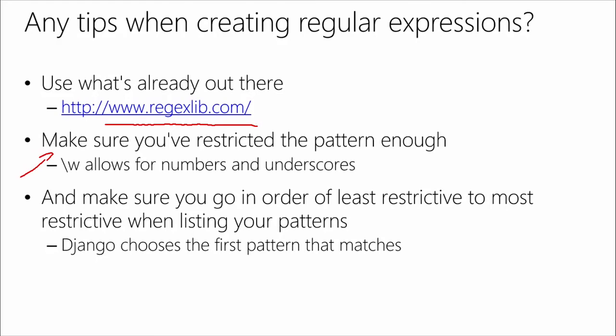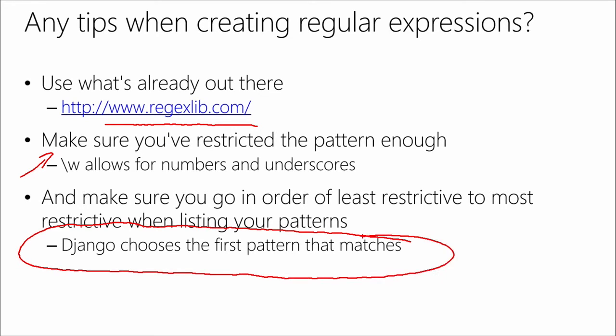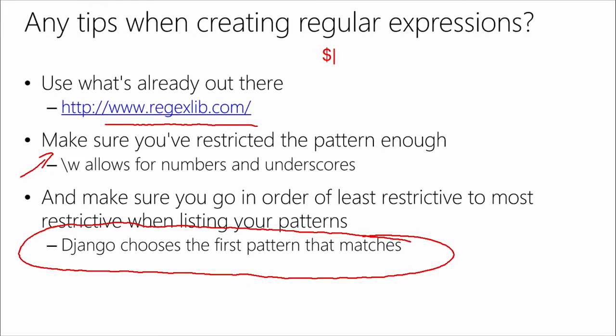I already mentioned the fact that you want to make sure that you've restricted the pattern enough. Now, the last thing specific to Django is this: Django is going to choose the first pattern that matches. So let's say that I wrote a pattern that looked like this, $/album, and left it like that.